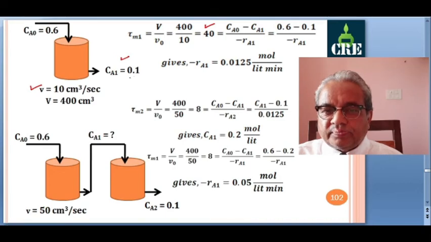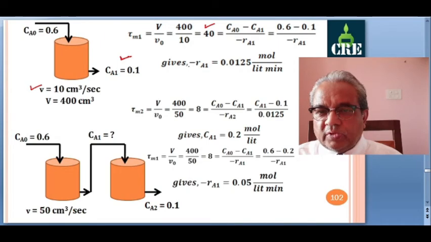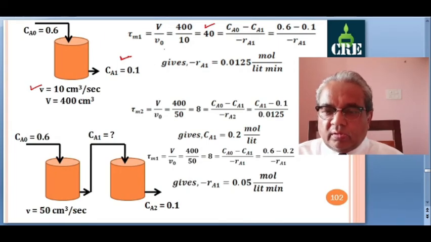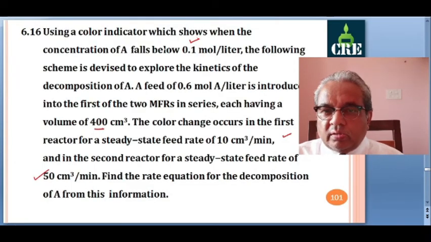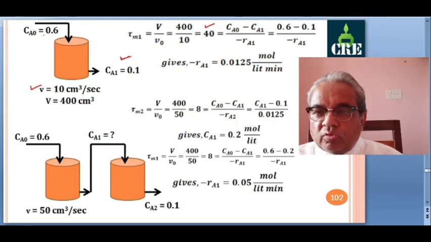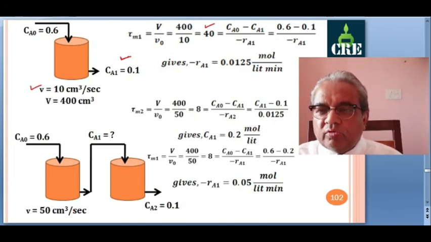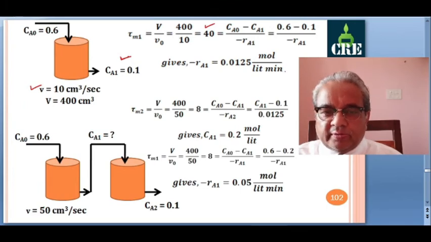So we say that this is the point immediately beyond which you get color indication. So Ca1 of 0.1 is reached, we can say here. So minus Ra1 is calculated as 0.0125 moles per liter per minute.